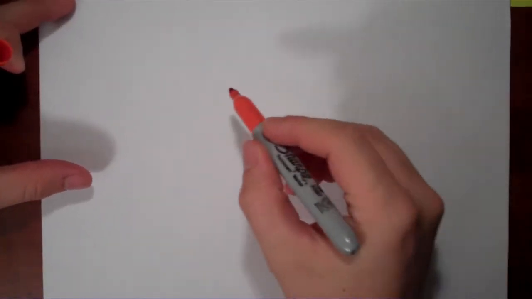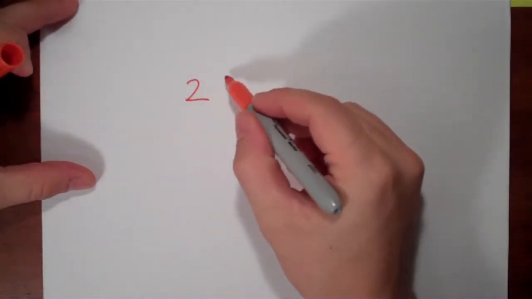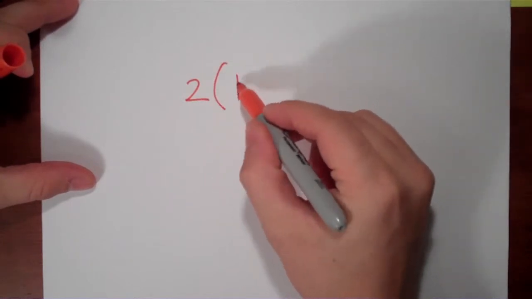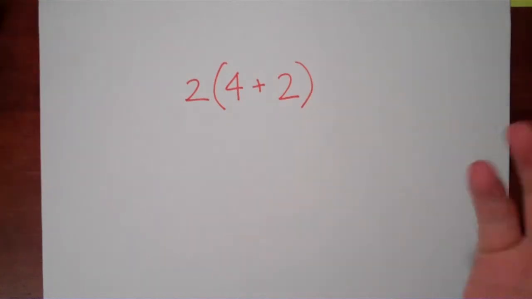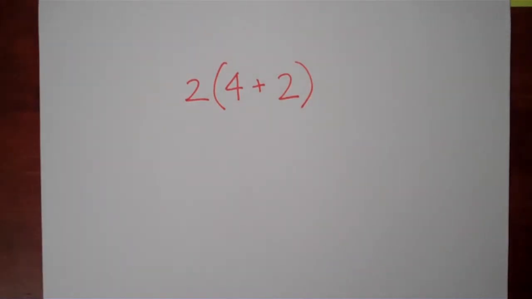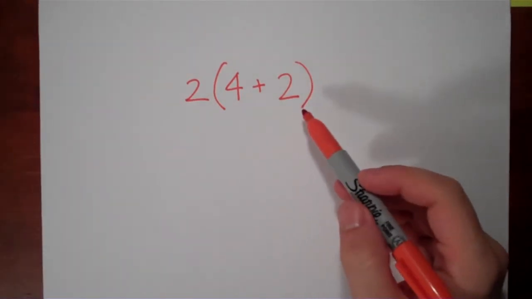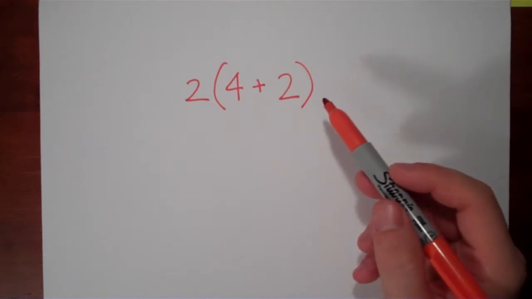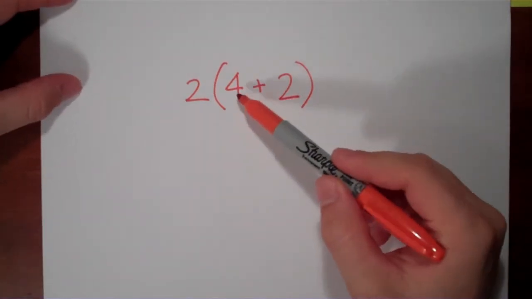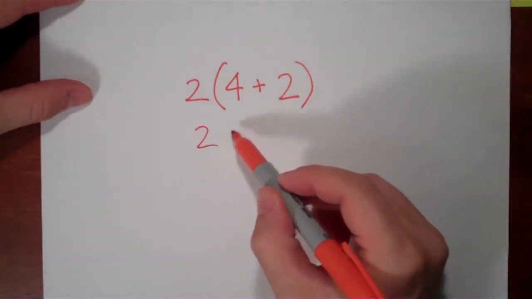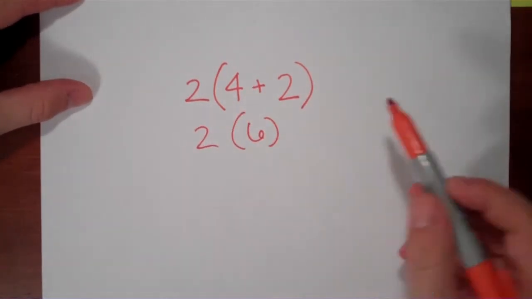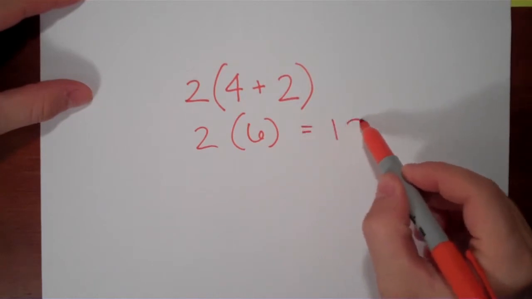Let's say we encounter a situation like this in math: 2 times 4 plus 2. Our parentheses would tell us normally that we have to add this 4 and 2 together first, which would give us 2 times 6, and then we multiply 2 times 6 for a total of 12.